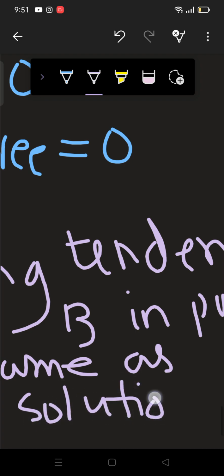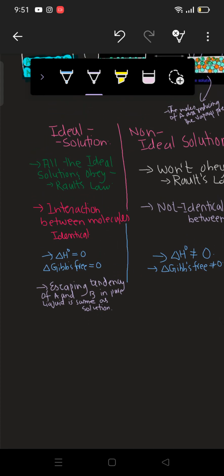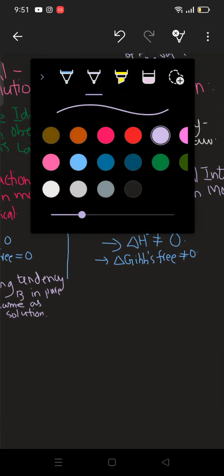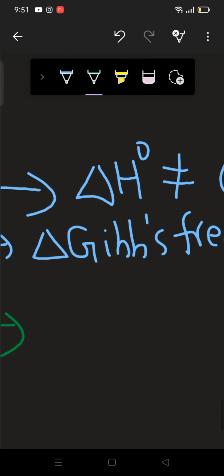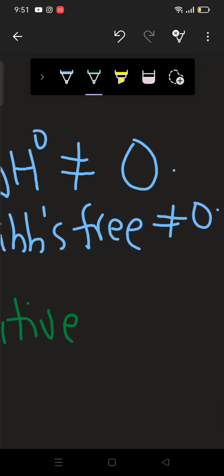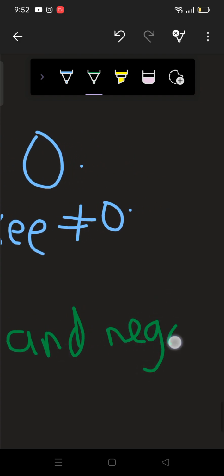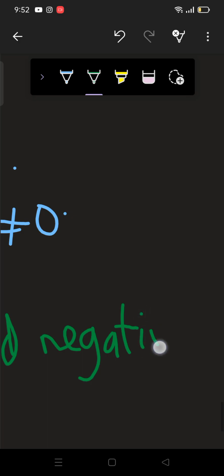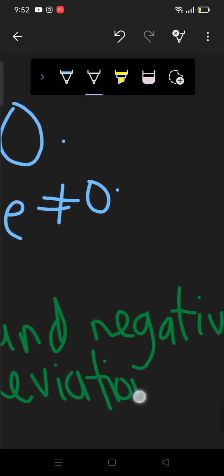But in the non-ideal solutions, that escaping tendency of A and B would not be the same. They will show positive and negative deviations.